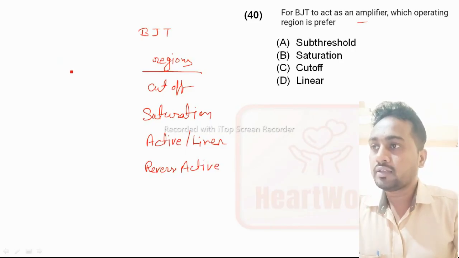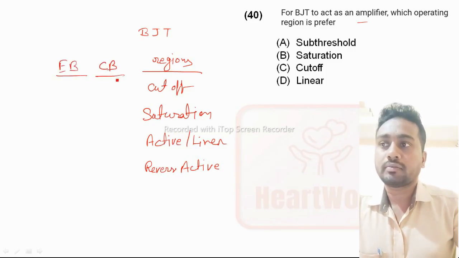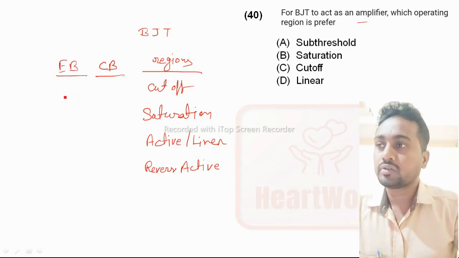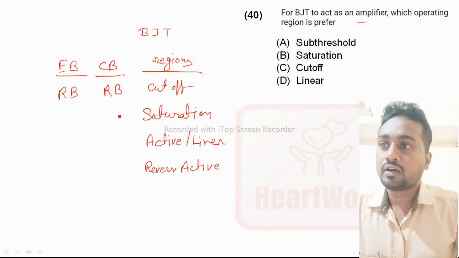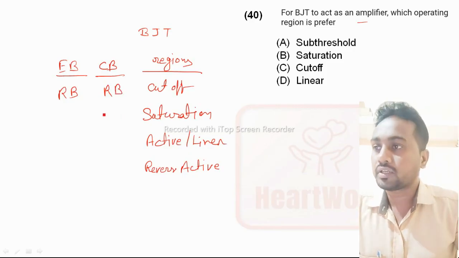So when emitter base and collector base are biased: when emitter base is in reverse bias and collector base is also in reverse bias, it is called cut-off region.